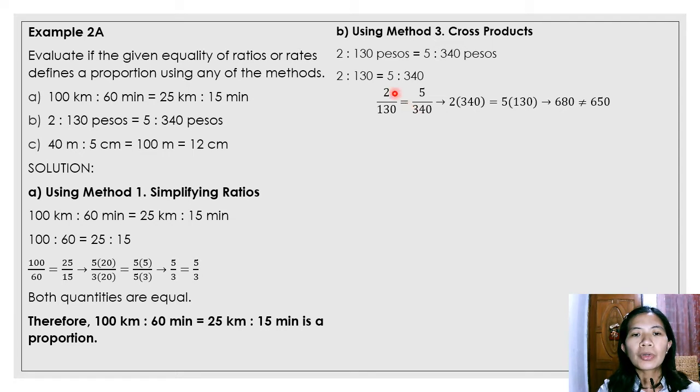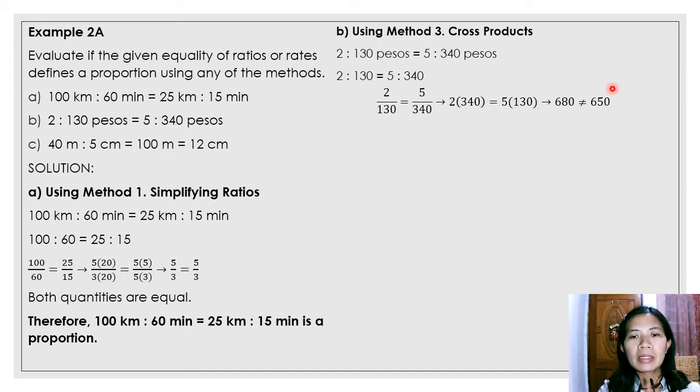Cross multiply: 2 times 340 equal to 5 times 130. Then we're going to get the product. 2 times 340 is equal to 680. And then 5 times 130 is equal to 650.